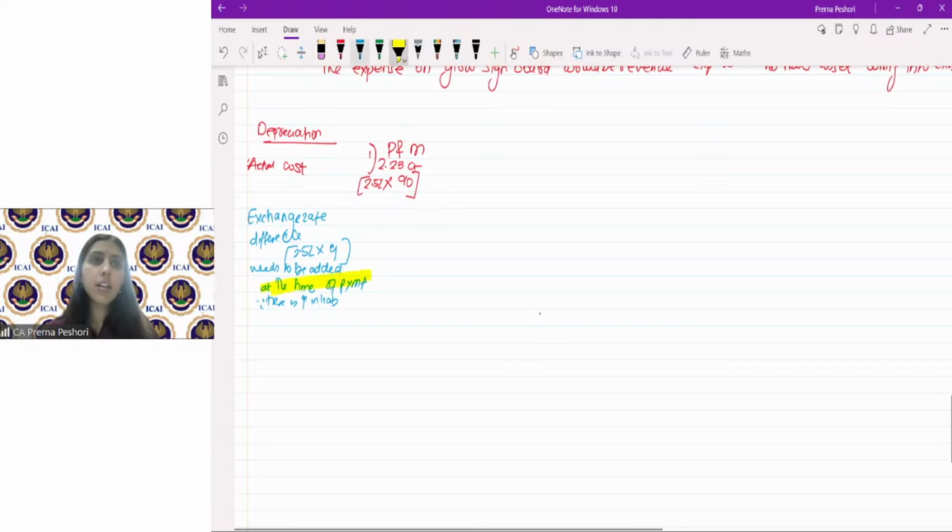Are we getting that? This is as per section 43A. So how much does it come to? 9 into 2,50,000. Sorry, pound. 22.50 lakh. This is lakh.